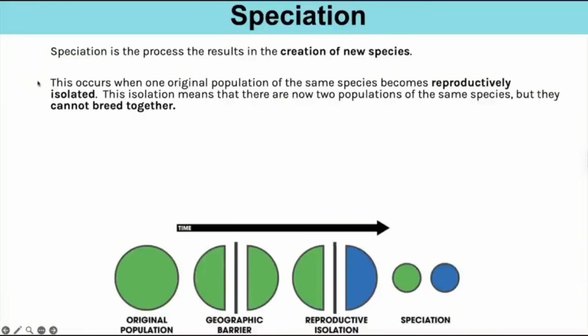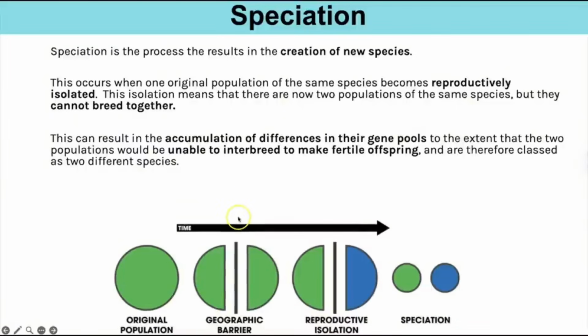And this is going to occur when one original population of the same species become reproductively isolated. And this isolation means you now have two separate populations of the same species, but they do not breed to make fertile offspring at this point. And that's what reproductively isolated means. It means they cannot reproduce.